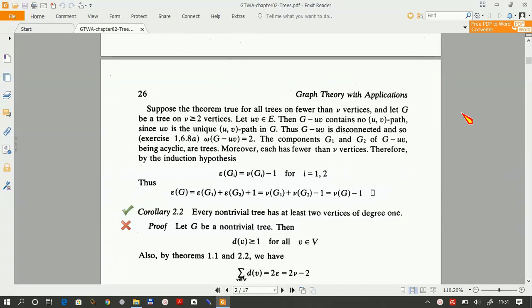And so epsilon of G1 is n of G1 minus 1, epsilon of G2 is n of G2 minus 1, plus 1, and so minus 1 and plus 1 get simplified, and we get n of G1 plus n of G2 minus 1. But remember that by deleting that particular edge, we did not delete any vertices. So actually, n of G1 plus n of G2 equals n of G. And so we get epsilon of G equals n of G minus 1. Okay?